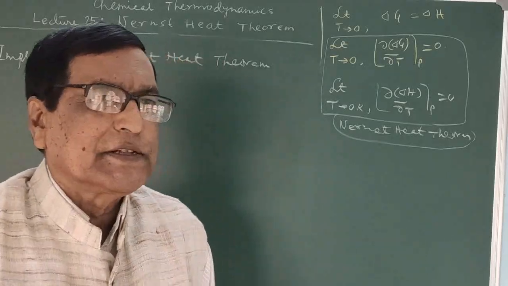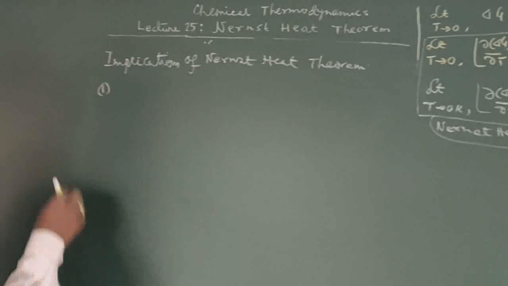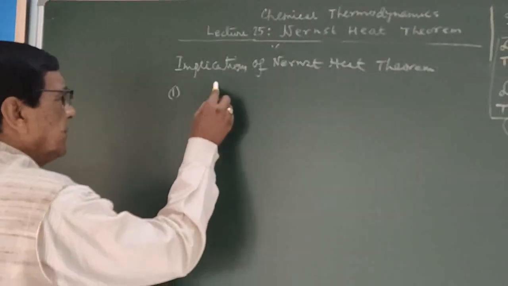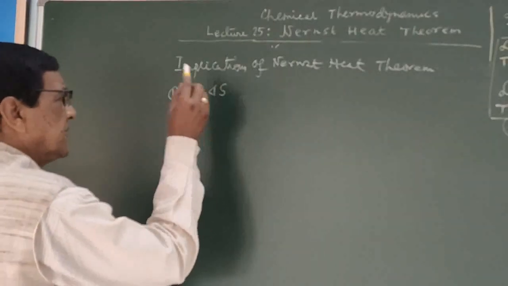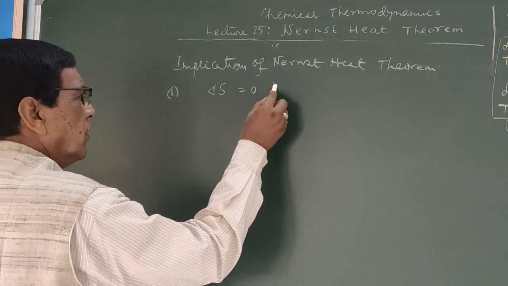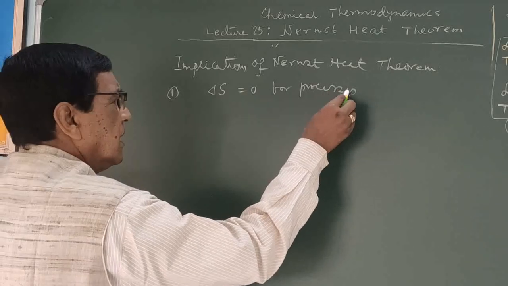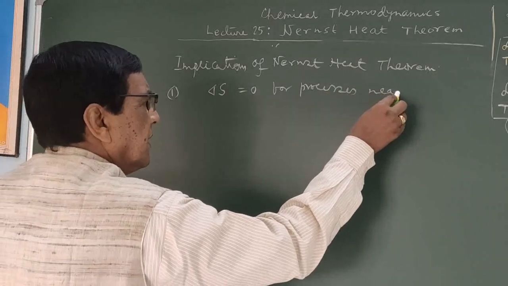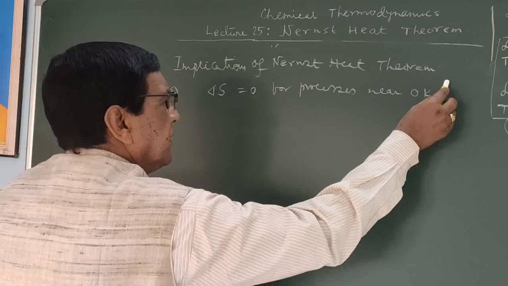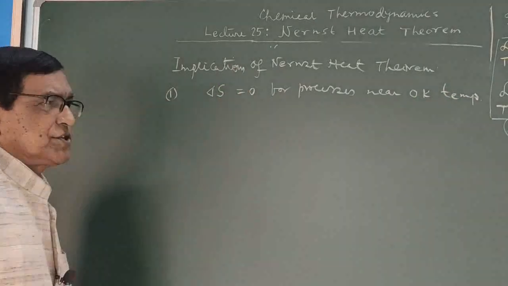The first implication is that delta S equals 0 for processes near 0 Kelvin temperature. This is the first implication.